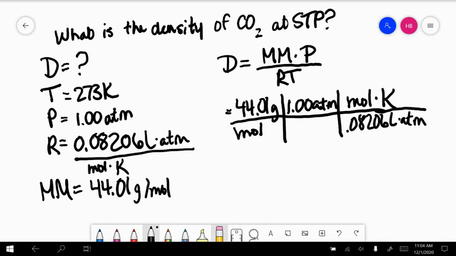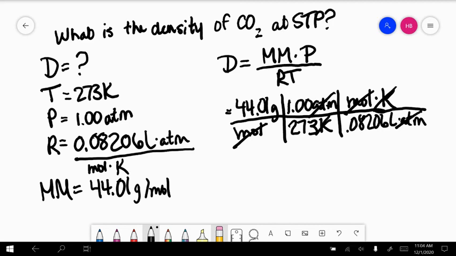And then on the bottom is also temperature. Doesn't matter where you put it. So K cancels, atmospheres cancel. Remember, you got to make sure there's 1 on the top and 1 on the bottom to cancel them. And then you will get units of grams per liter, which is good for a density.